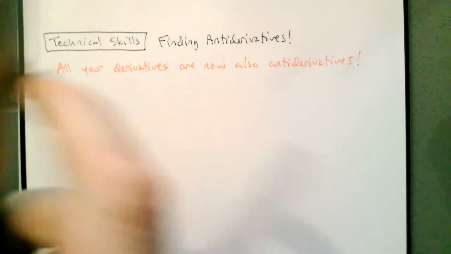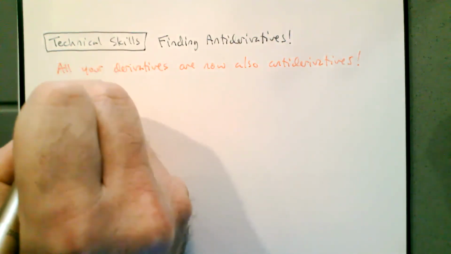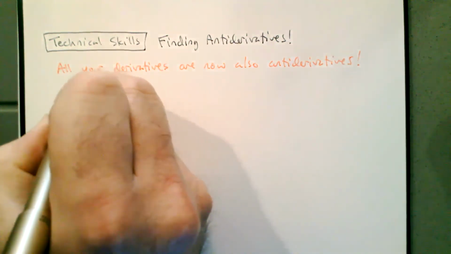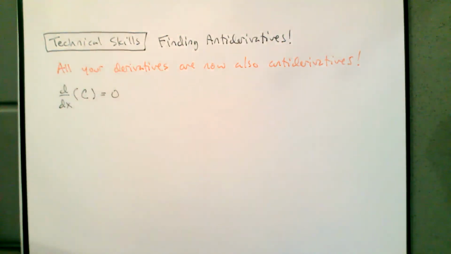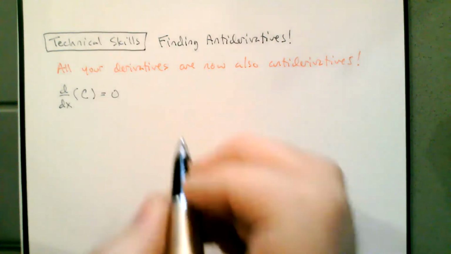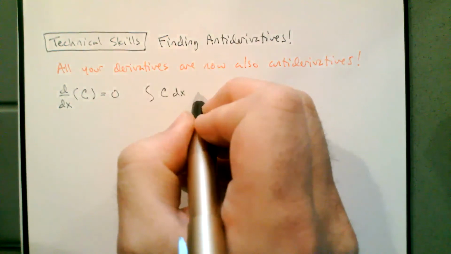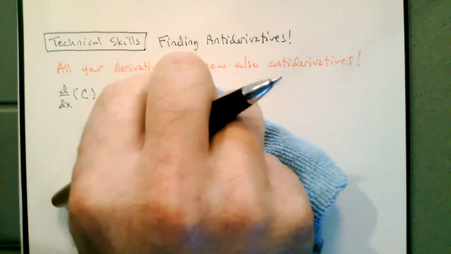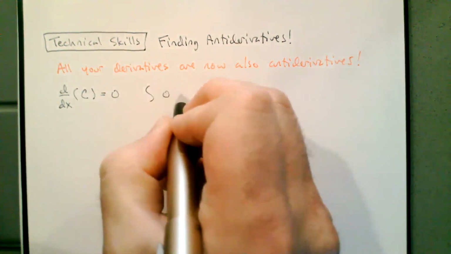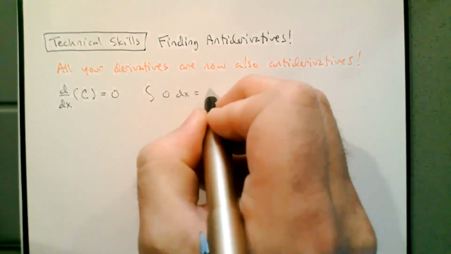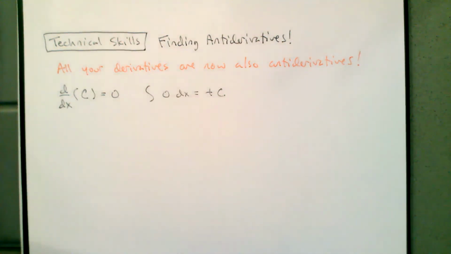So for example, we know that the derivative of any constant is equal to 0. And so that means the antiderivative of 0 dx is going to be some constant. This is what we call our constant of integration.